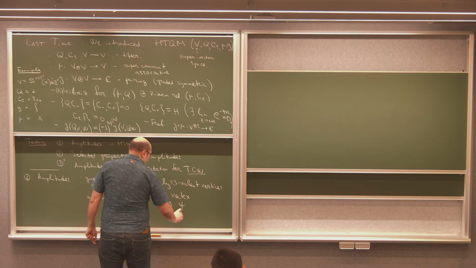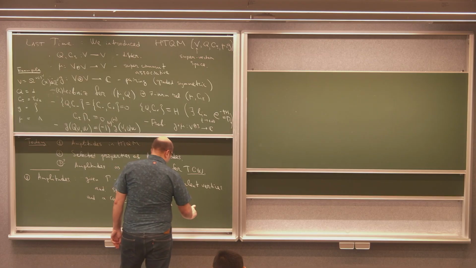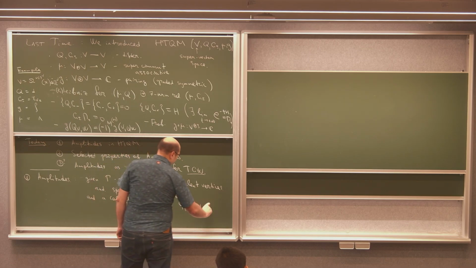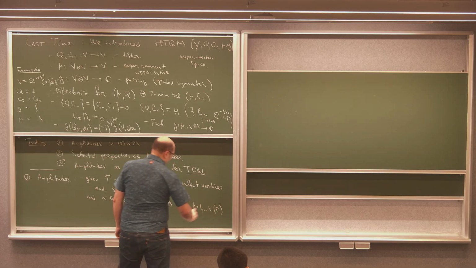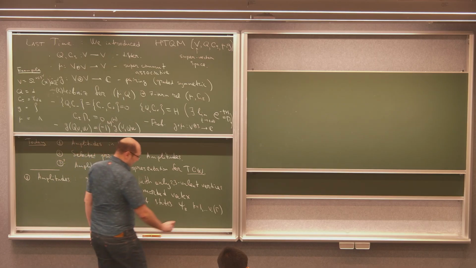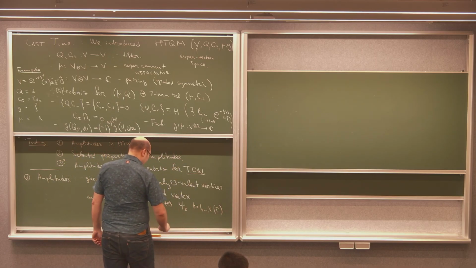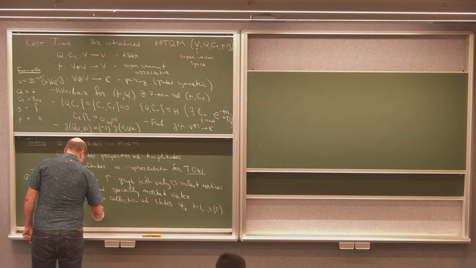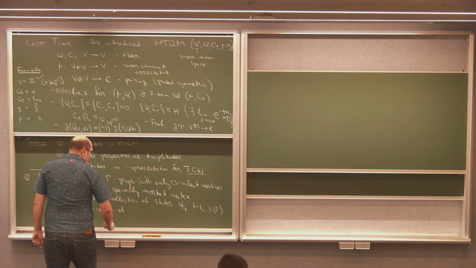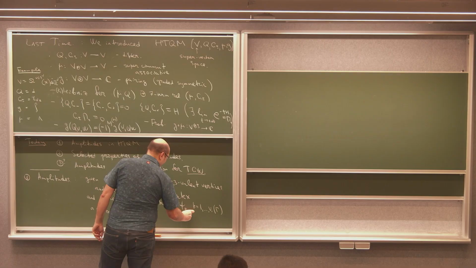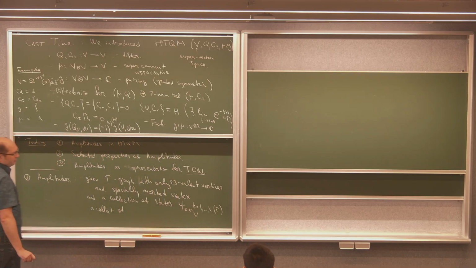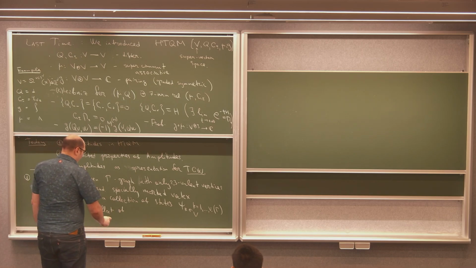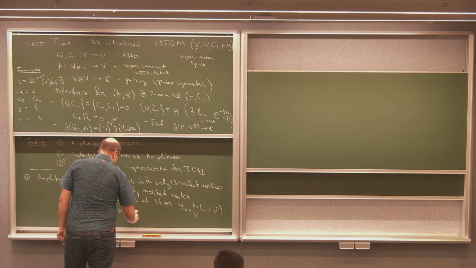I will call them psi_k, where k goes from 1 to the number of leaves, which is the number of one-valent vertices of gamma. These are elements of V, just states, or in physical language, vectors in this super vector space.